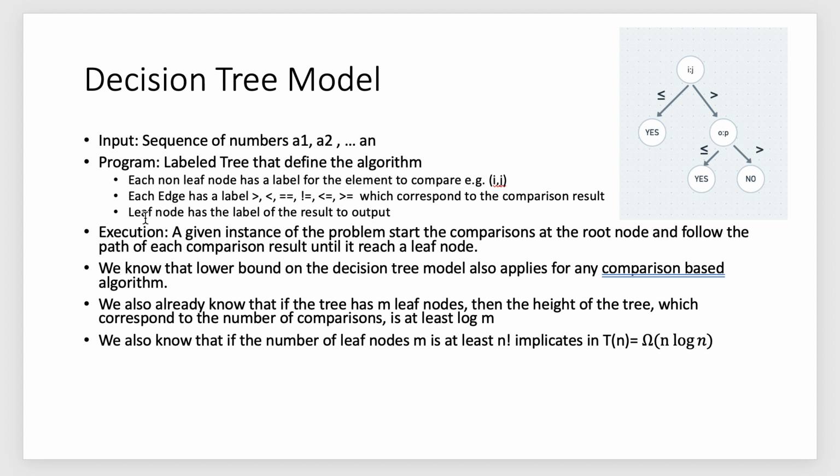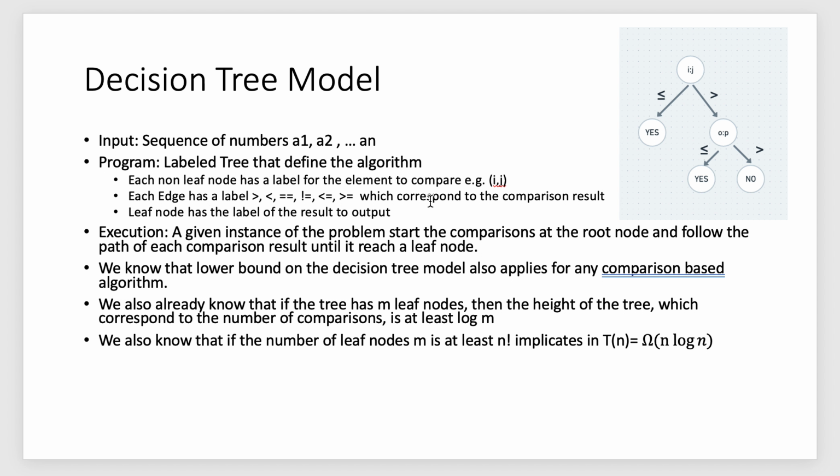In the decision tree model, we have as input a sequence of numbers, and they go in at the root. The program is a tree, a labeled tree, like this one.